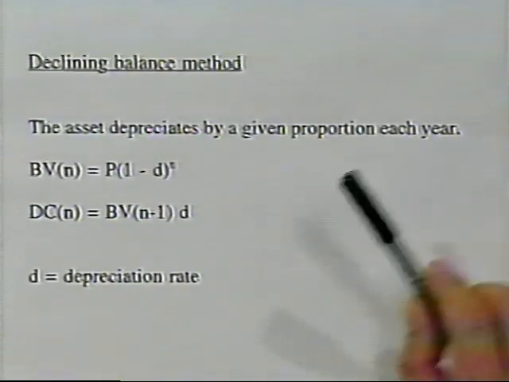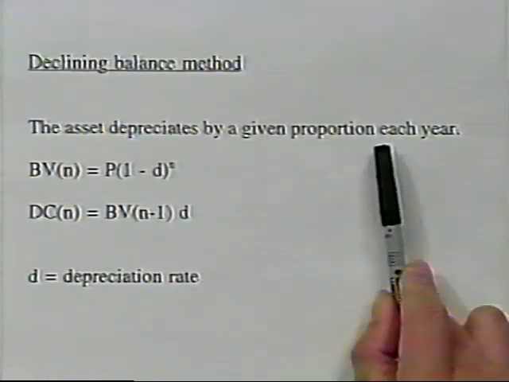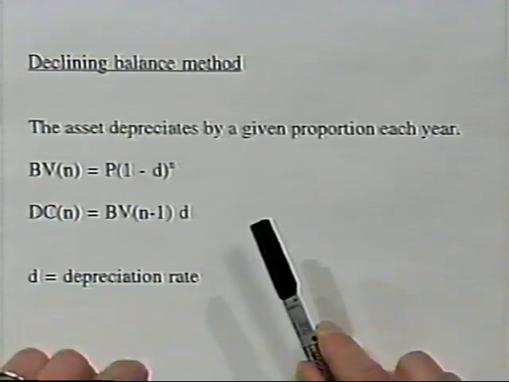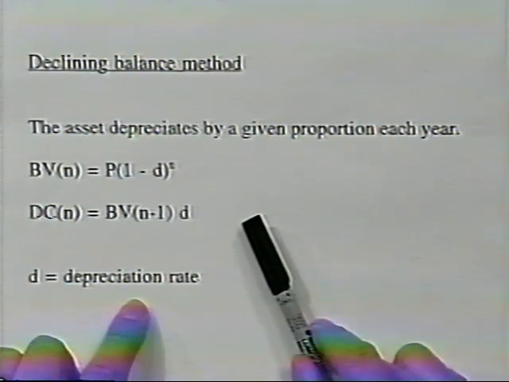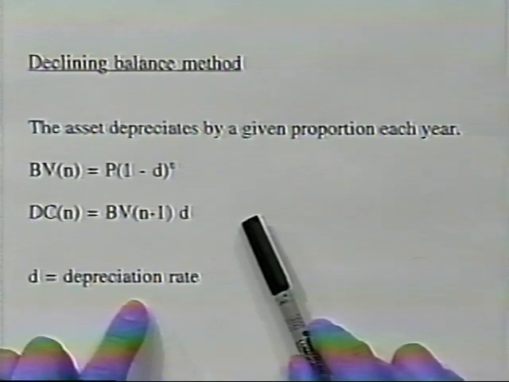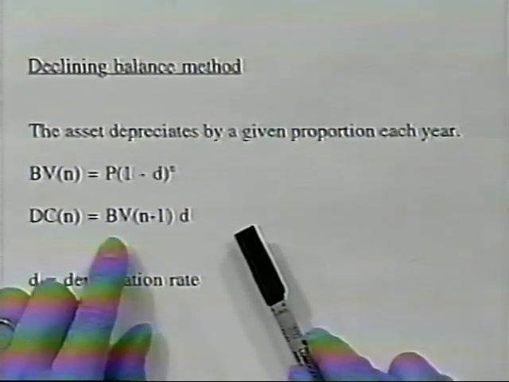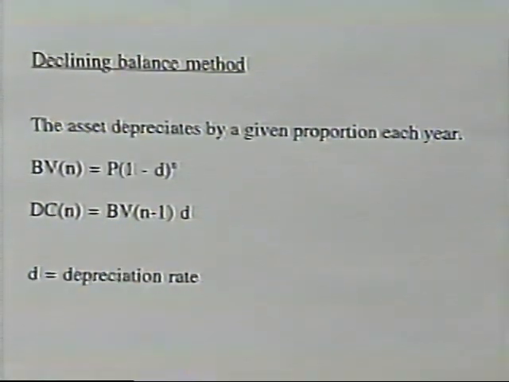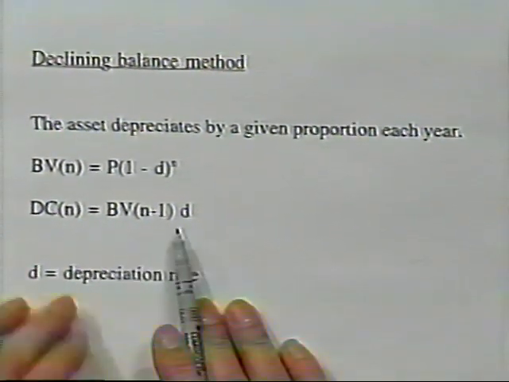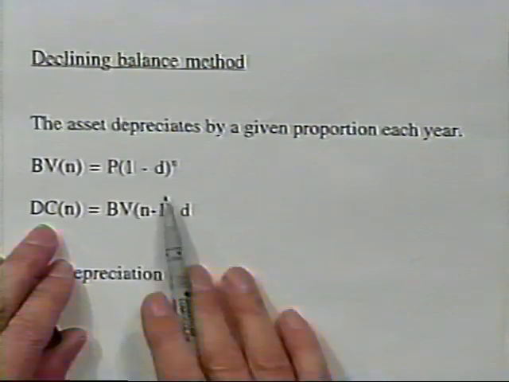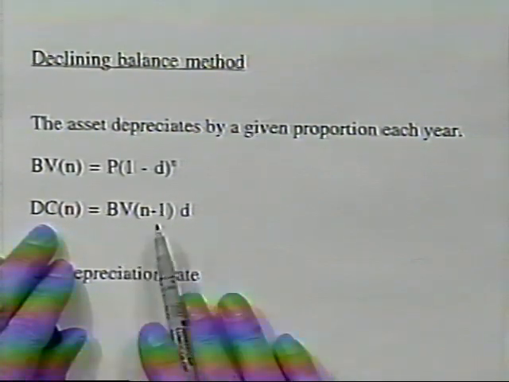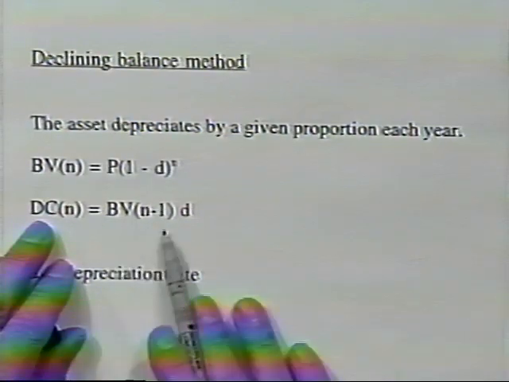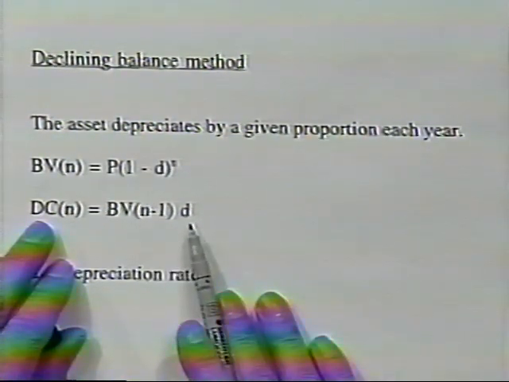Now, in the declining balance method, the principle is that the asset depreciates by a given proportion each year. That proportion is called D, the depreciation rate. So, for example, given a particular book value in some year n-1, the depreciation charge is simply that book value times the depreciation rate.